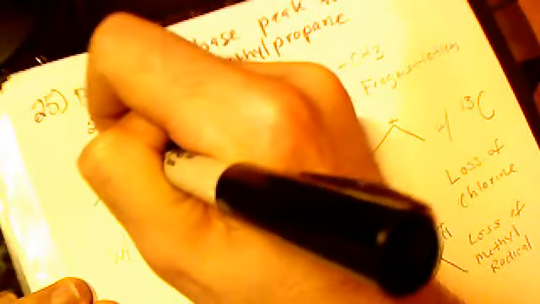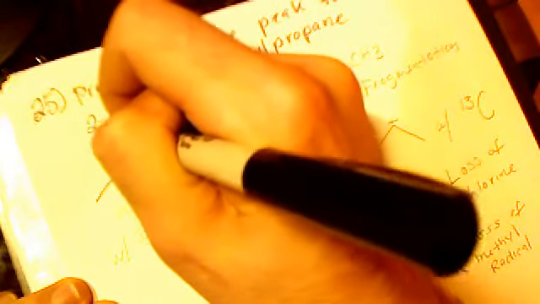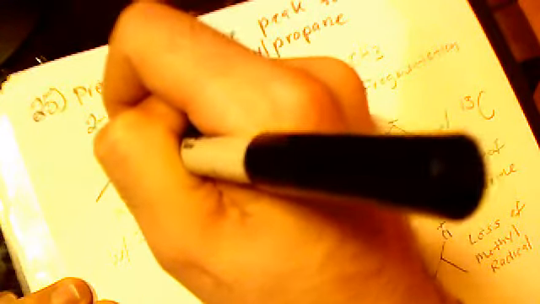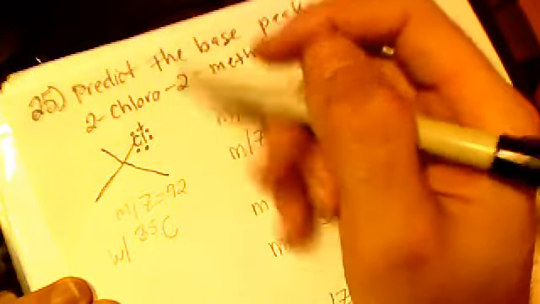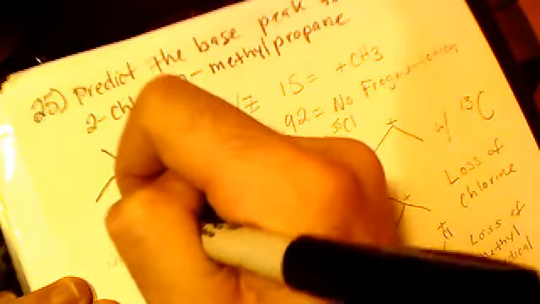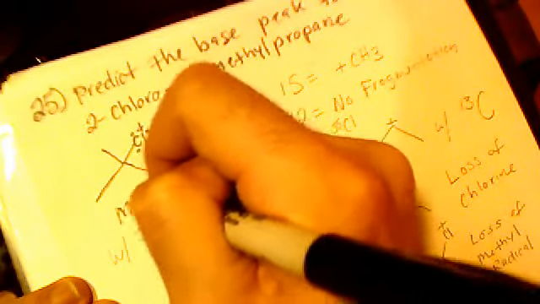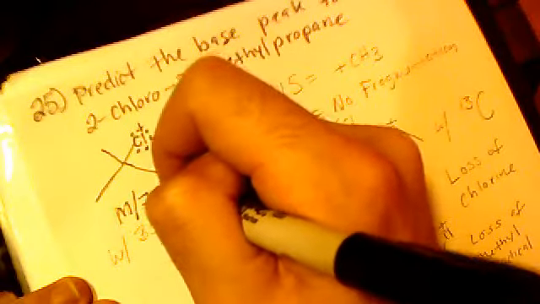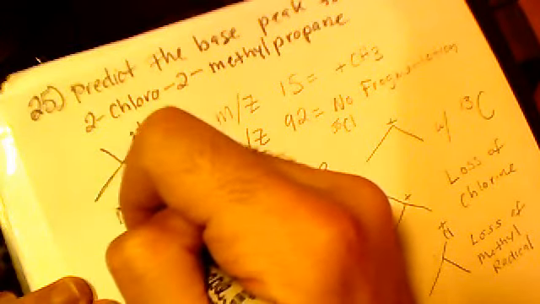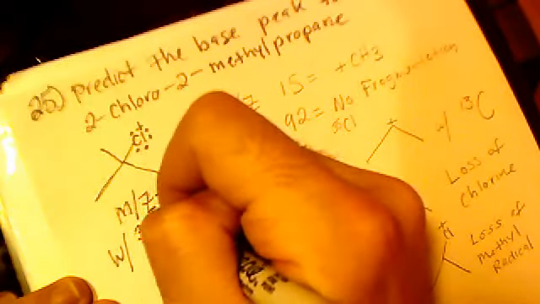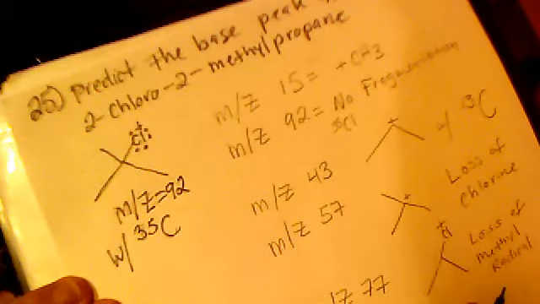It's been ionized, and the electron is most likely going to be lost on the chlorine atom because it has a bunch of loose, unbonded electrons. So the mass to charge of the unfragmented molecule is 92, and that's with chlorine 35, not 37.